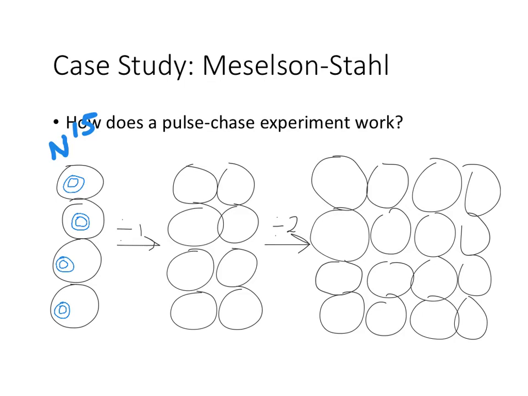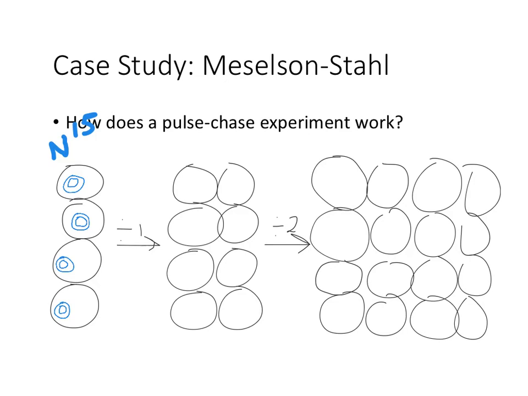What you do in a pulse chase experiment is you pulse some sort of chemical or dye or tracer for a short period of time into, in this case, an organism. Then you take it away so that you know, as time progresses, which ones were the original molecules, in this case DNA, that were labeled during the short pulse of heavy nitrogen.